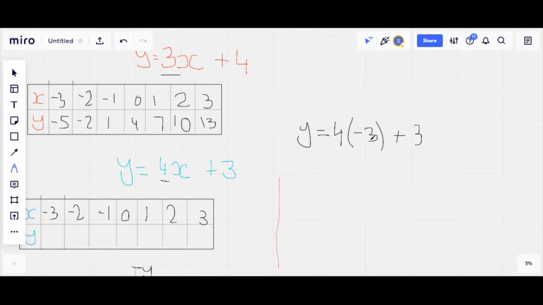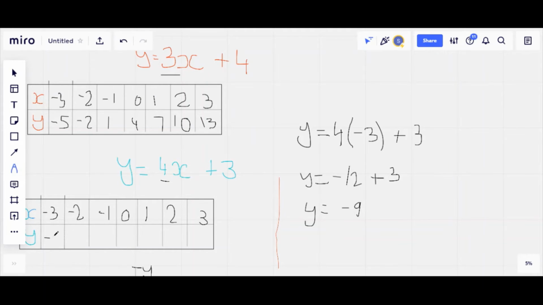So we simplify 4 by 3 is 12. So 4 by -3 will give us -12. Y equals -12 plus 3, which gives -9, because we're adding a positive number to a negative value.